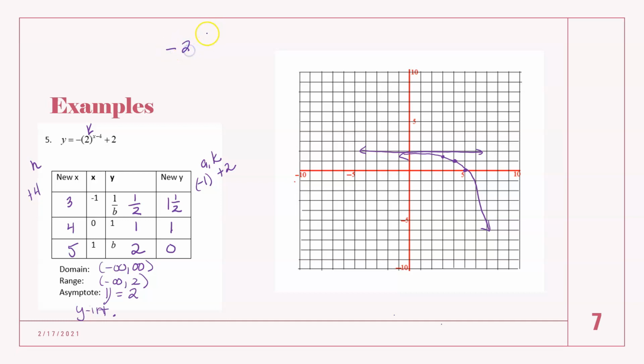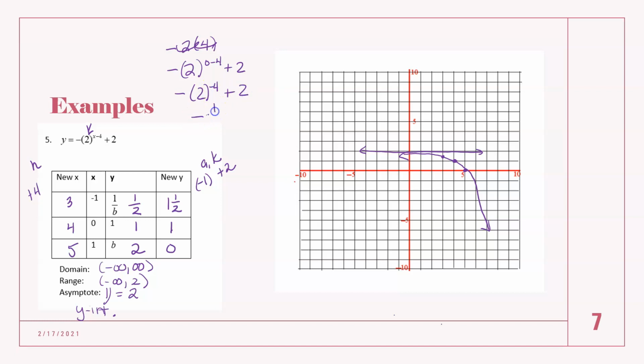-2 times 4 to the, oops, I'm doing the wrong one. Sorry. -2 times 2 to the 0 minus 4 plus 2, which gives me negative 2 to the power of negative 4 plus 2.